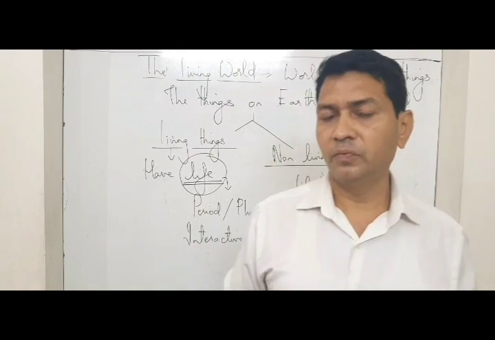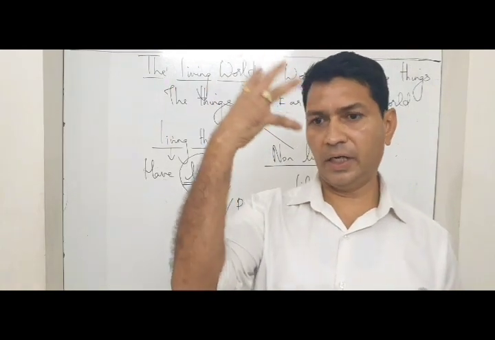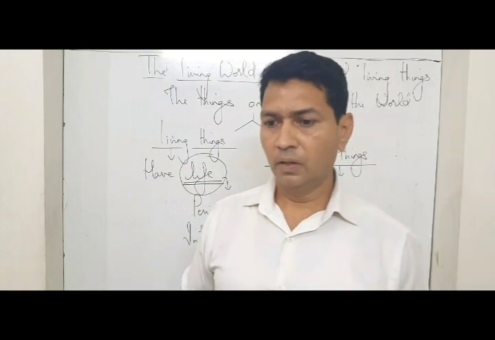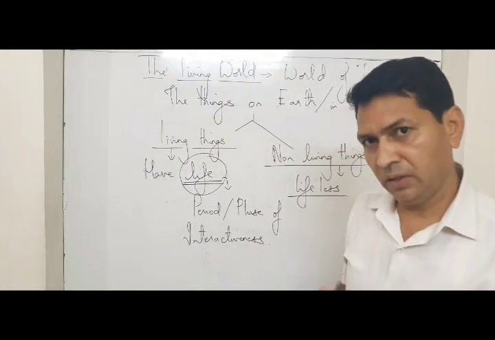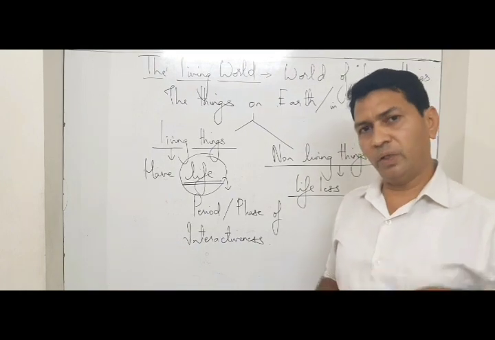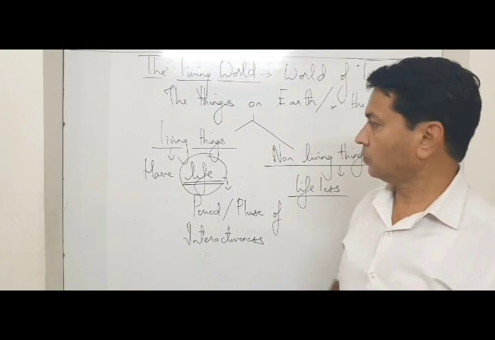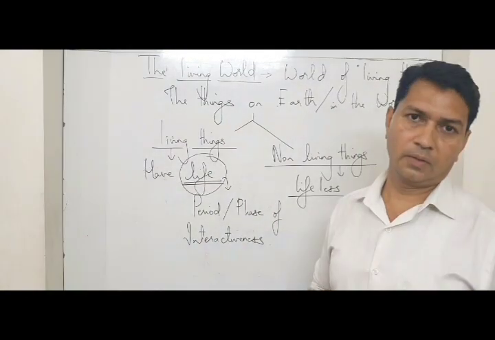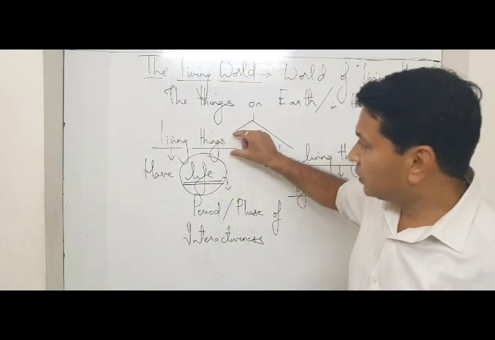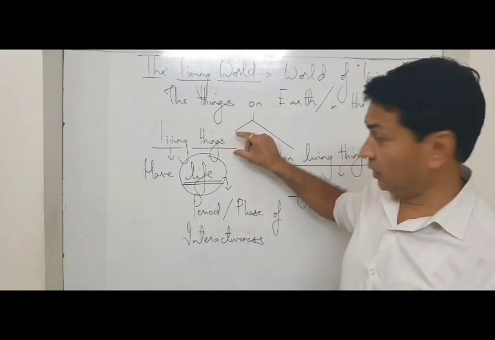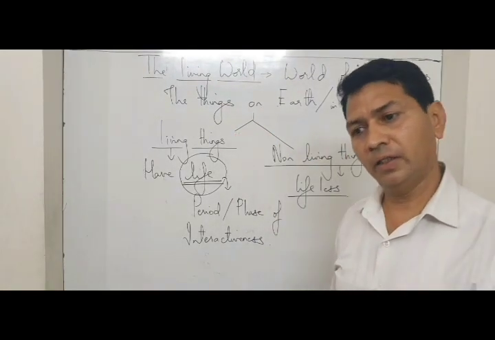There was a response. Some response somewhere inside your body, right? As long as you can perceive some change and you can respond visibly or invisibly, you have life. Such things are classified as living things.